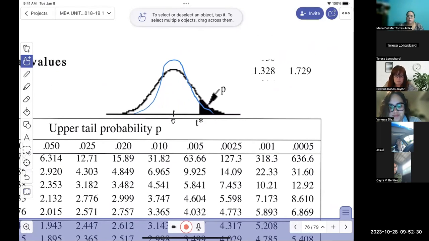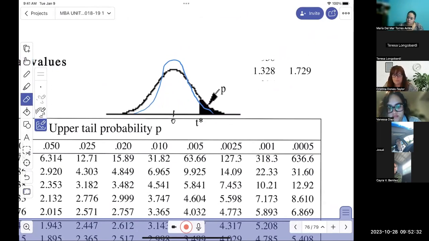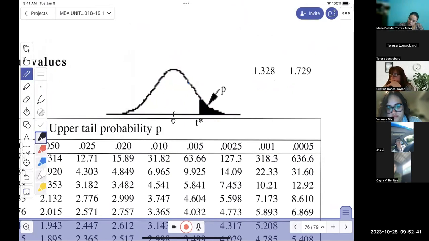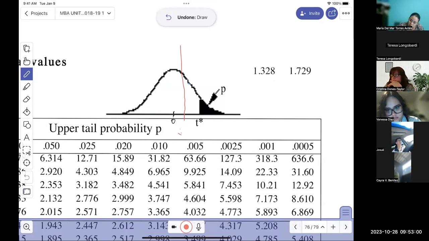So where are these on the curve? 1.328 will be, say, here, and 1.729 will be here.